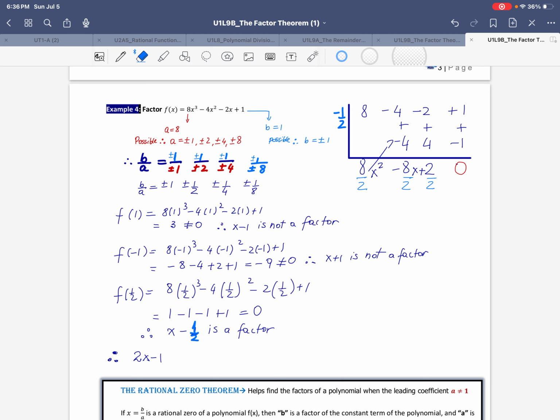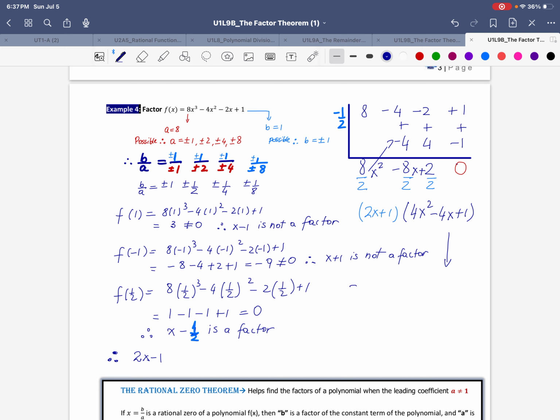So the factors so far are 2x plus 1 multiplied by 8 over 2 is 4x squared, 8 over 2 again 4, and then plus 1. So we have to continue factoring here.